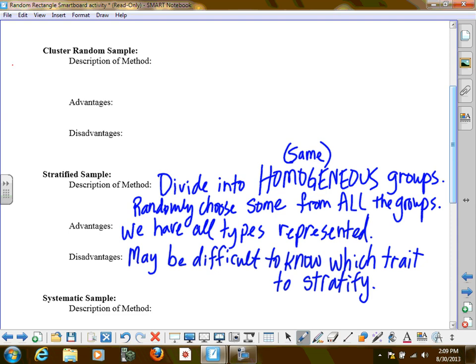You're going to ask all subjects from how many groups? Some of the groups. So with clustering, you ask everybody in some of the groups, as opposed to stratified.